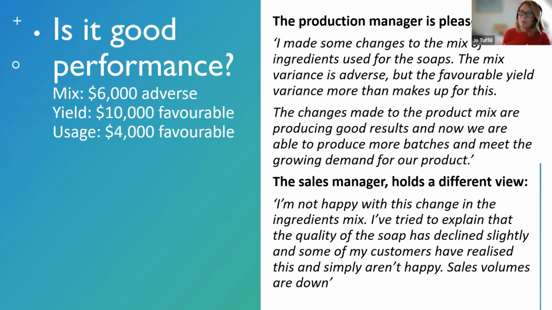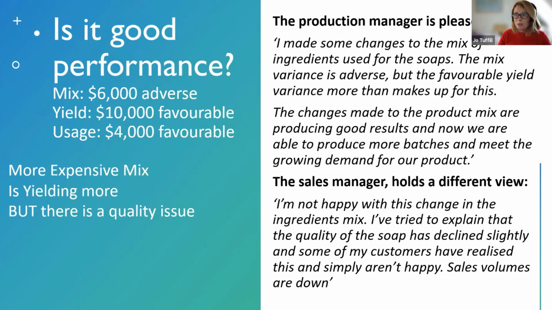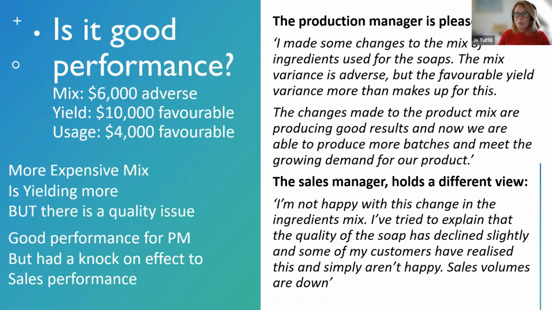And so the sales manager has now been affected by something the production manager has done. The customers aren't happy. So it is a more expensive mix, which is yielding more, but there's a quality issue. It's good performance for the PM, but it's had a knock-on effect on sales performance.